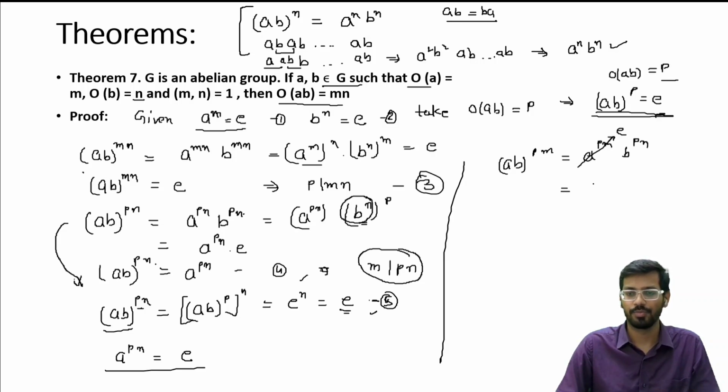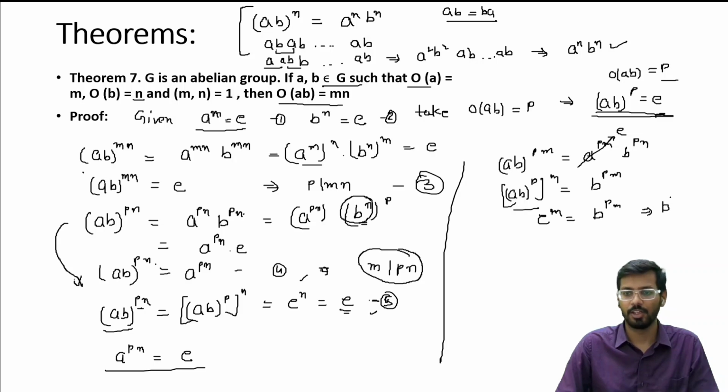Here (ab) raised to power p whole power n, that is equal to identity element, e raised to power n is equal to b raised to power pm, that means b raised to power pm is equal to identity element.